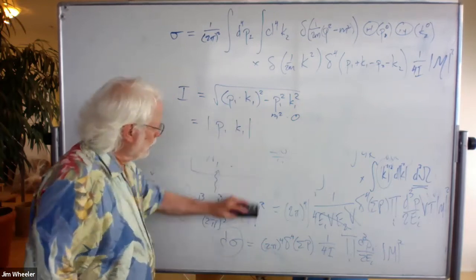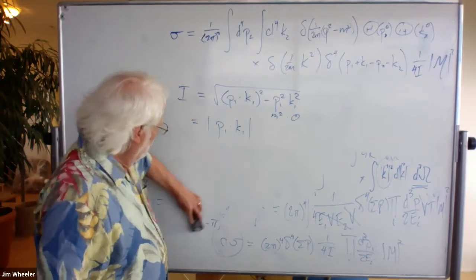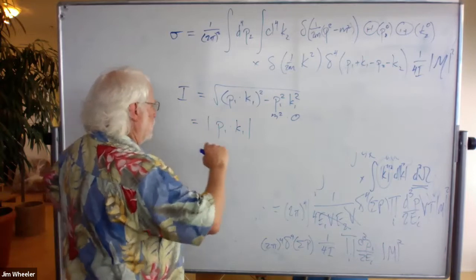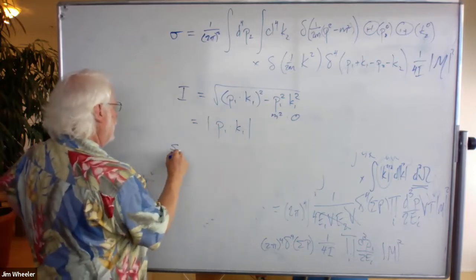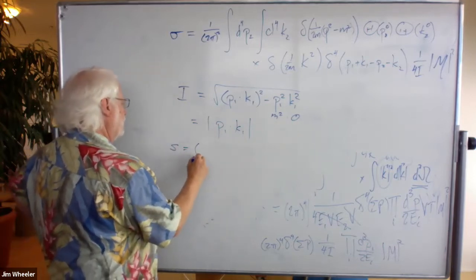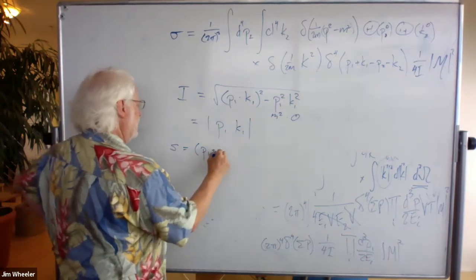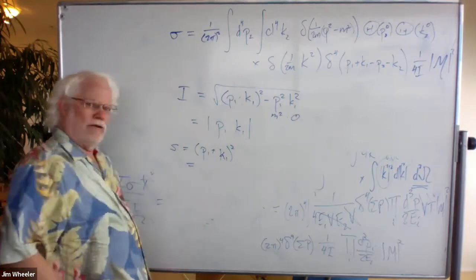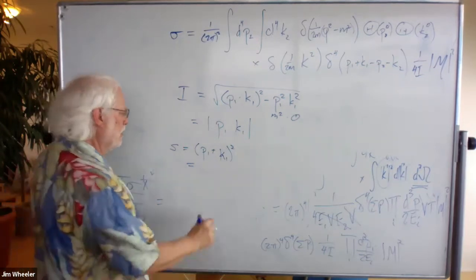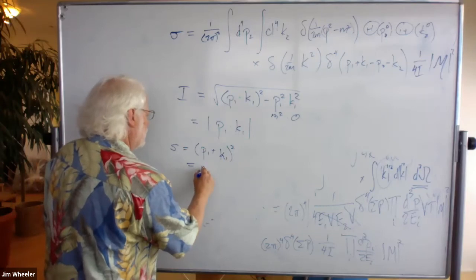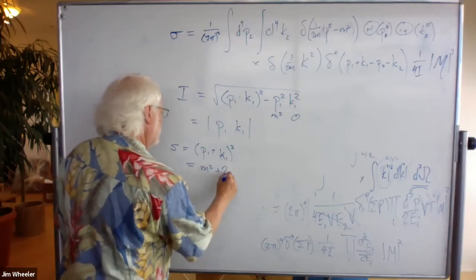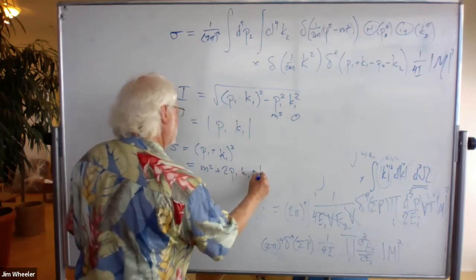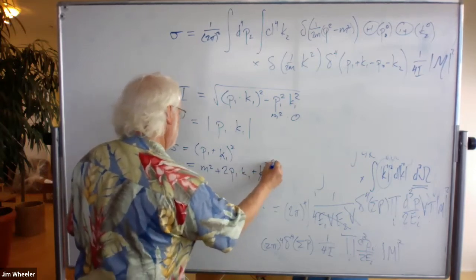And if we're in the frame of reference where the, well, it doesn't matter. We know that S, the Mandelstam variable, is P1 plus K1 squared. And if I square that out for the case of the electron and the photon, I get P1 squared is m squared. Then I get twice P1 dot K1. And then I get K1 squared, which is 0.